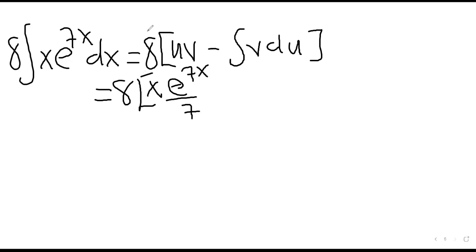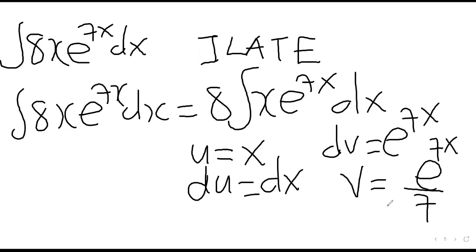So we are done with this first part. We move to this part which is here. Minus the integral. What is v? V is equal to e^(7x) over 7. And du here is equal to dx. I'm sure you saw that. du is equal to dx.